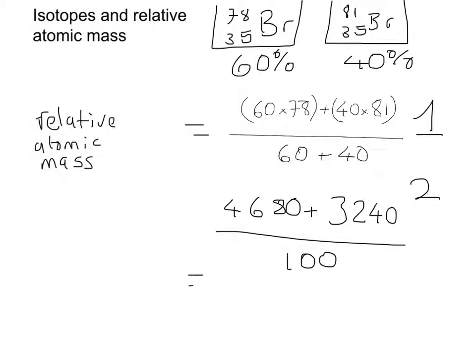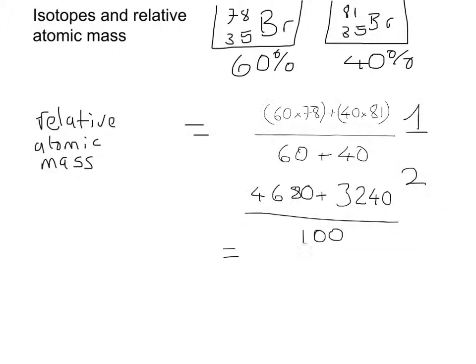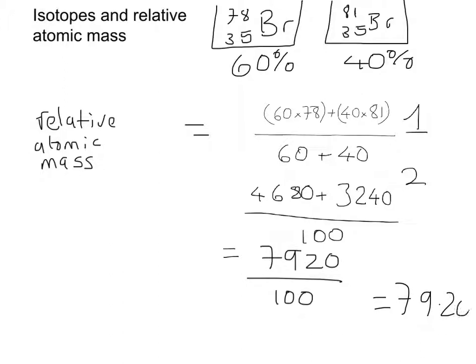Now, first of all, what we're going to do is perform this little calculation here, and that equates to 7,920 divided by 100. The answer to that is therefore 79.20.